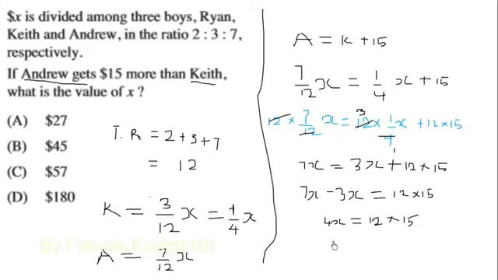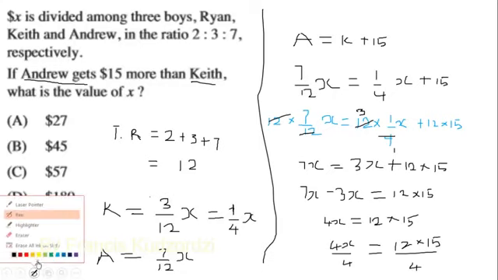If you divide both sides by 4 now, 4x over 4 is equal to 12 times 15 over 4. If you multiply too, you have not made any mistake. But now you can see clearly that we can easily cancel.